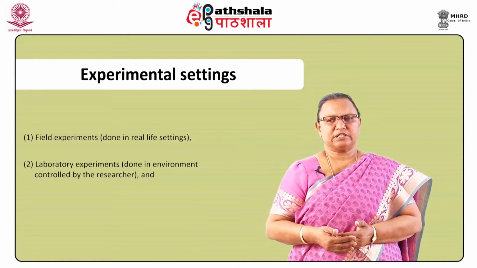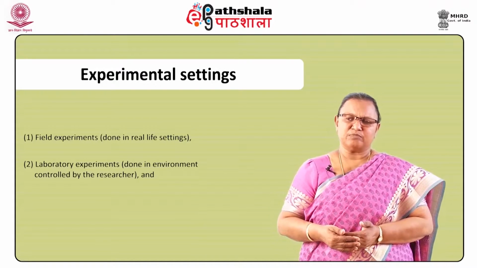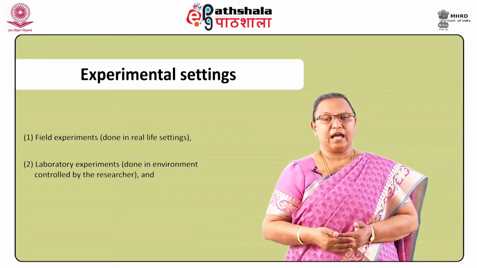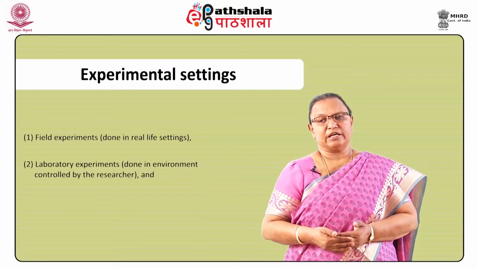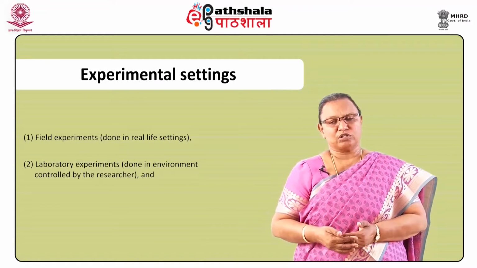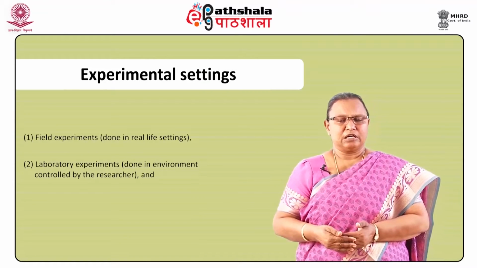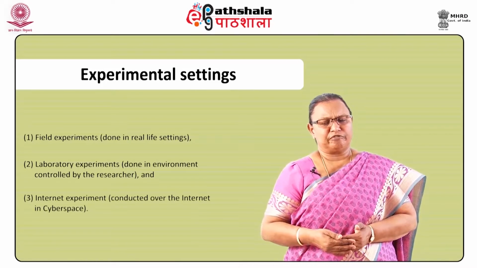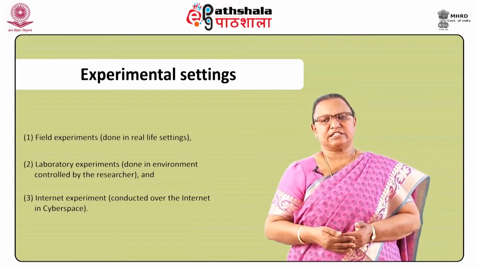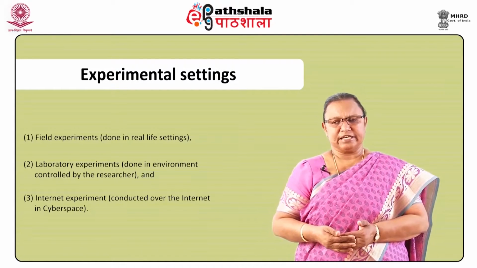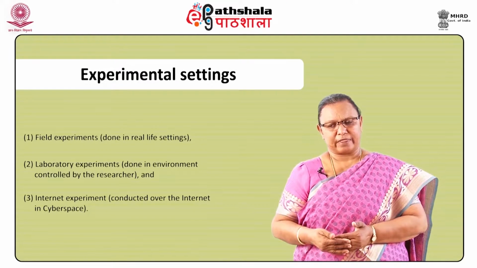Laboratory experiments are done in environments that are highly controlled by the researcher, and the outcome is truly because of the variables. A third setting of experiment is the internet experiment.